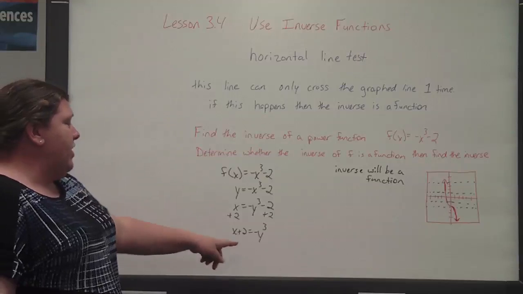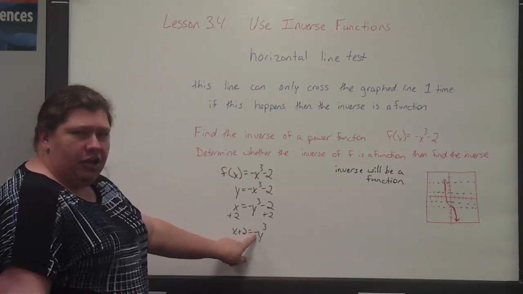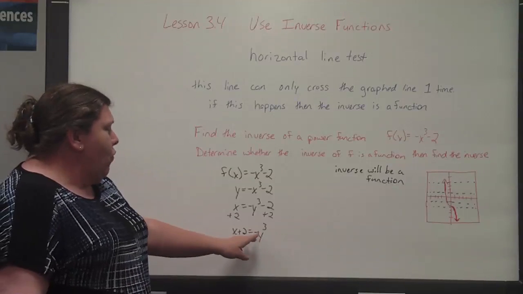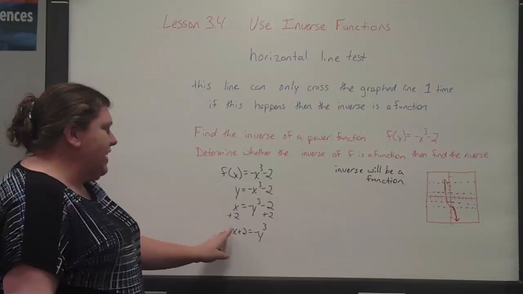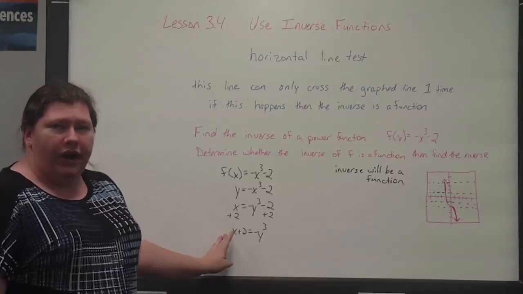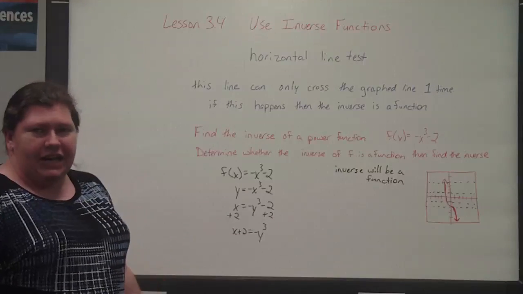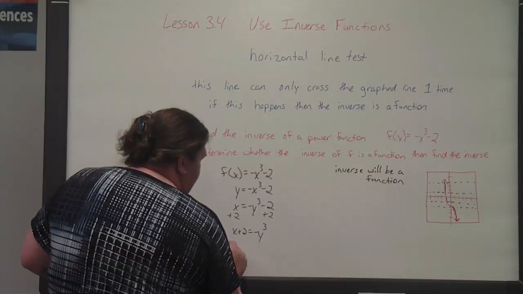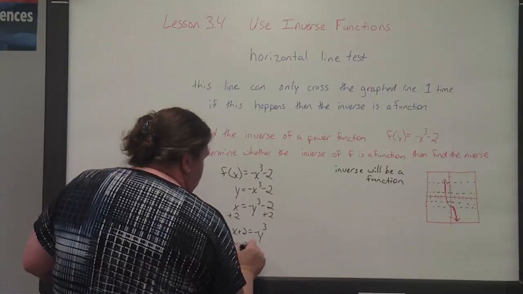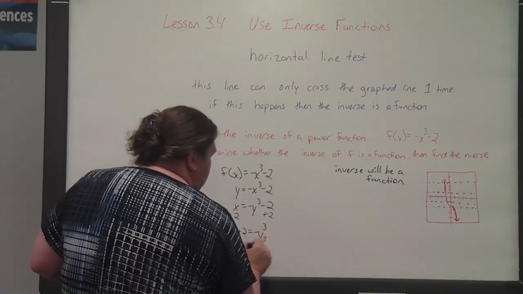Now, the next thing I want to do is get rid of this negative sign. So what I can do is go ahead and multiply all this side by a negative 1. Or you can say divide by a negative 1. It's going to give you the same answer. So I'm going to get a negative x minus 2 equals y cubed.